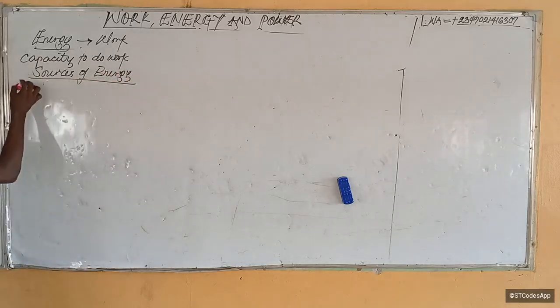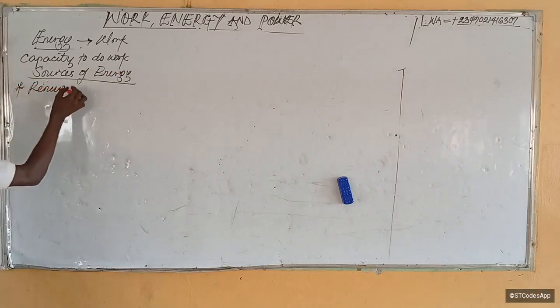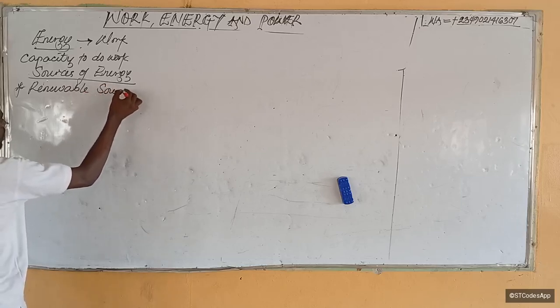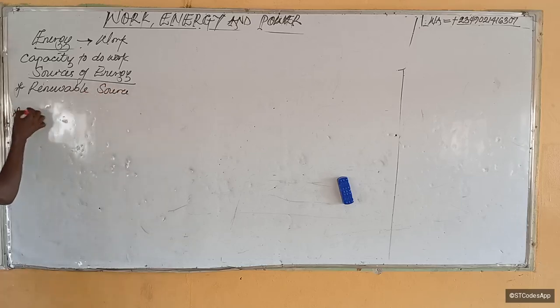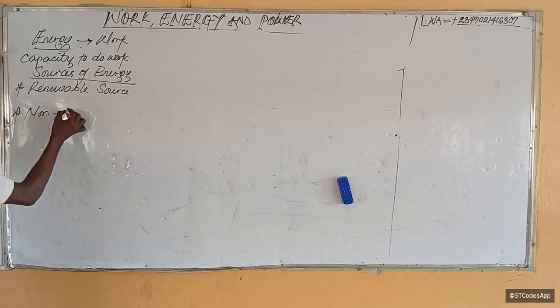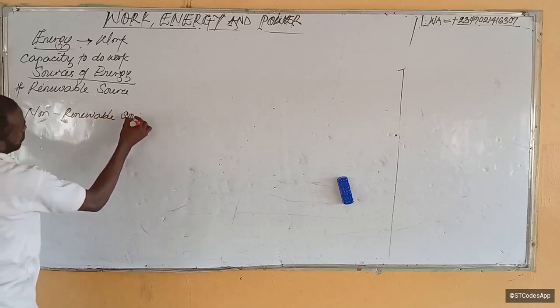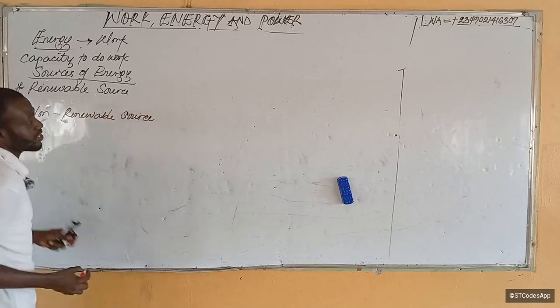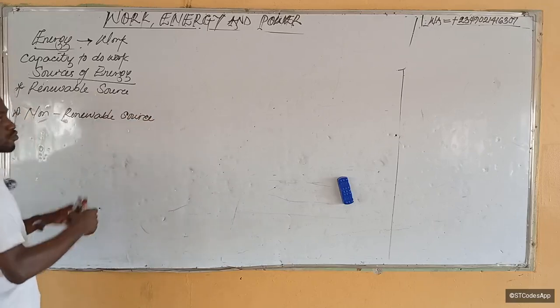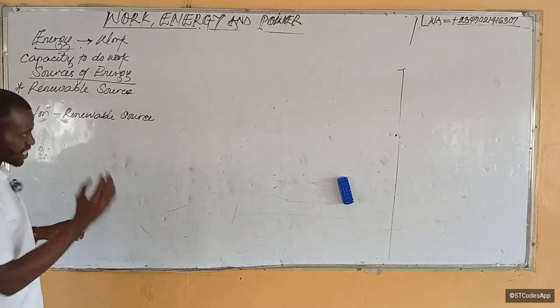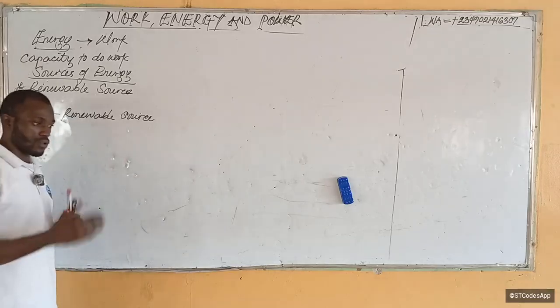So we have the renewable sources of energy. I've covered this before, so maybe I'll link the video in the description. Renewable sources of energy and the non-renewable. What are renewable sources of energy? There are energy sources that can be used again after the energy that they provide has been used up, harvested. They can still give us energy for as long as possible.